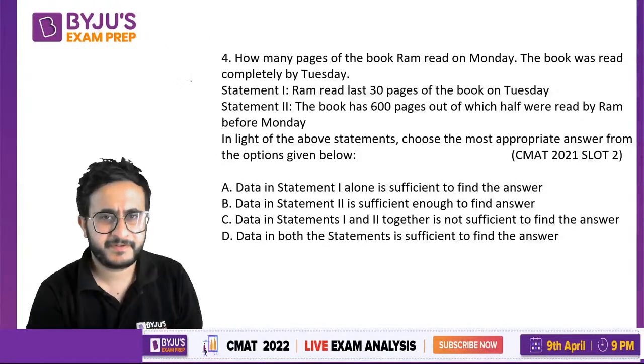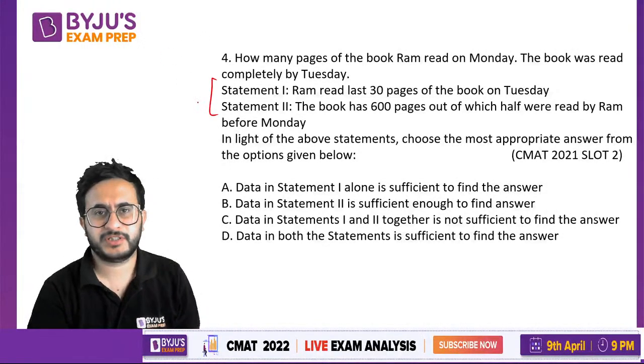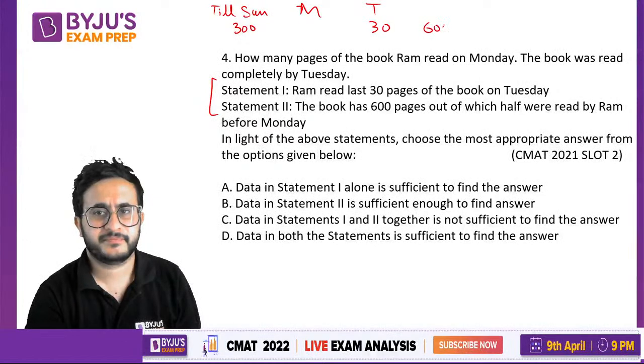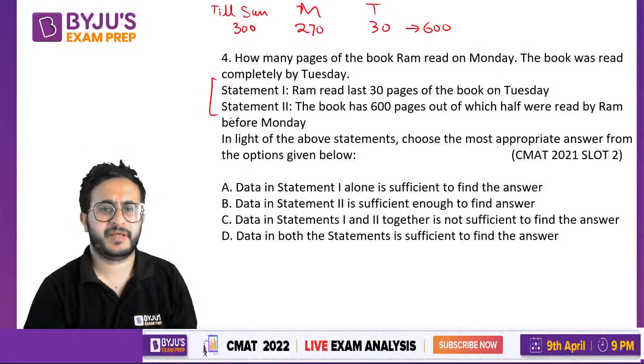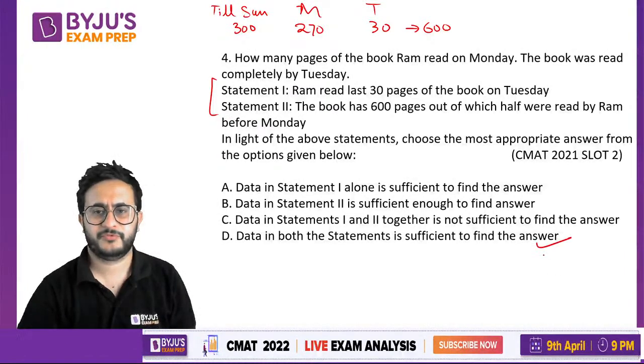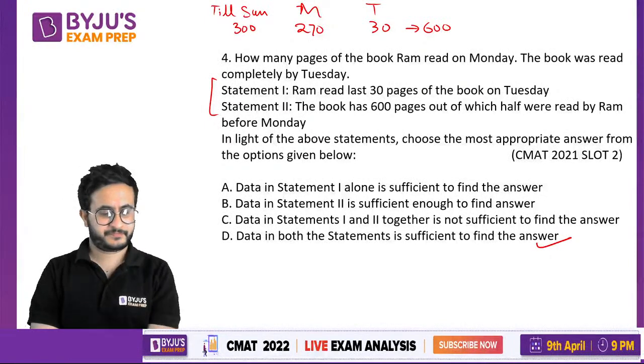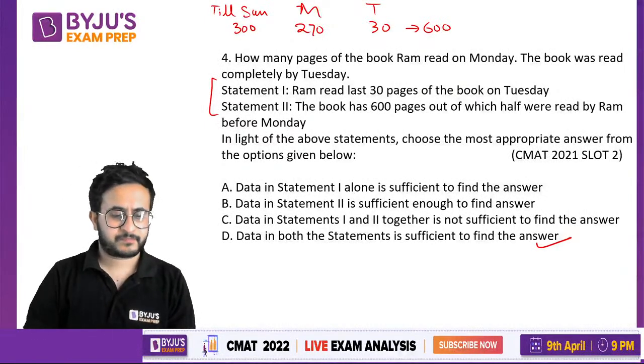No. But if we combine both the statements, till Sunday he has read 300 pages. Tuesday is completing 30 pages, and that is the end. So on Monday he will read 270. So when you combine both, we are able to find the answer. So both together are sufficient to find the answer. Okay.